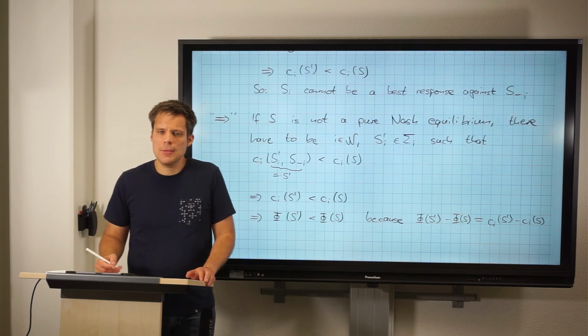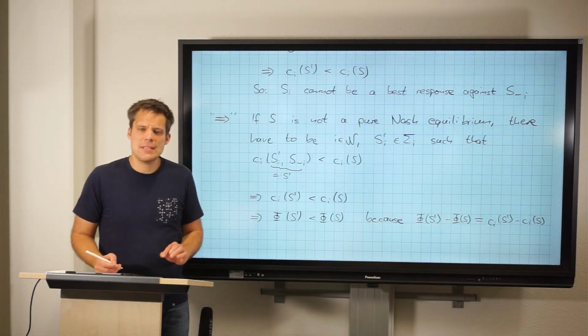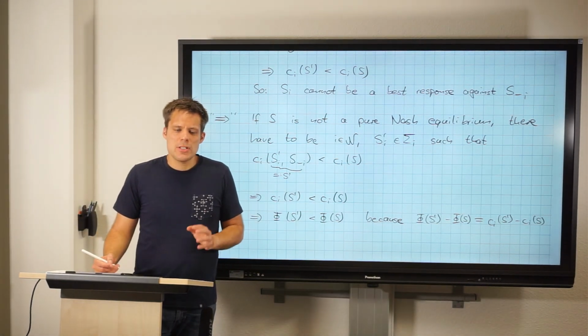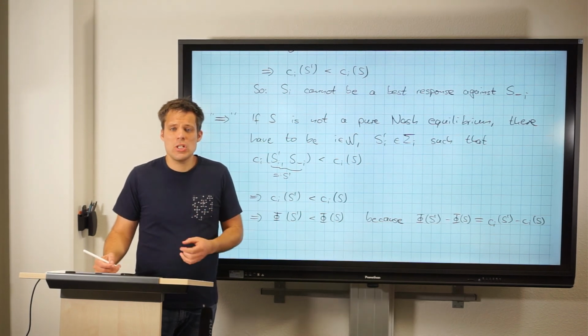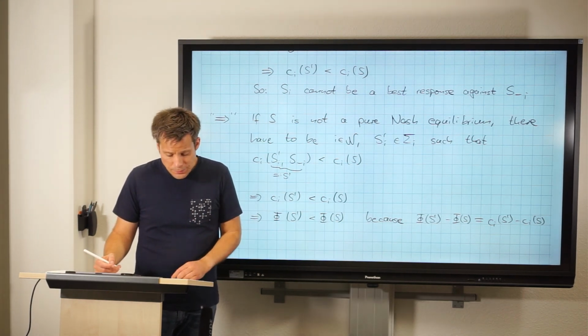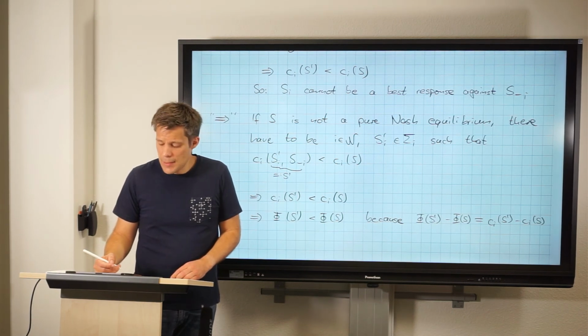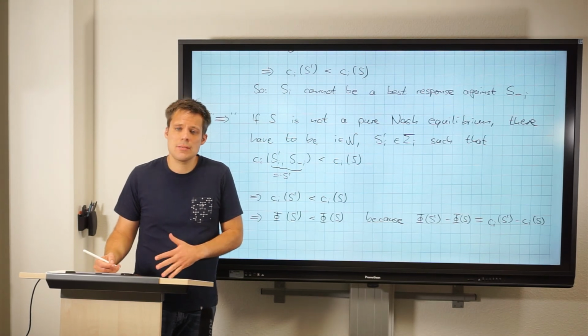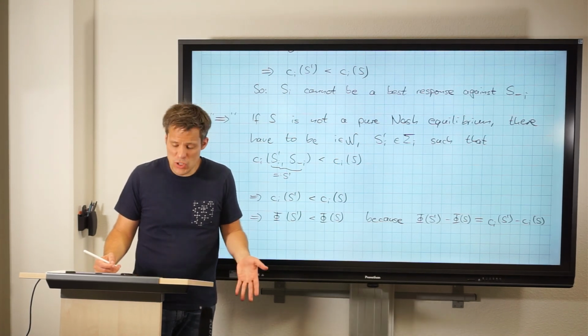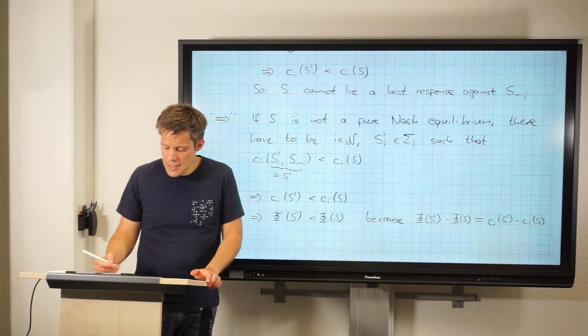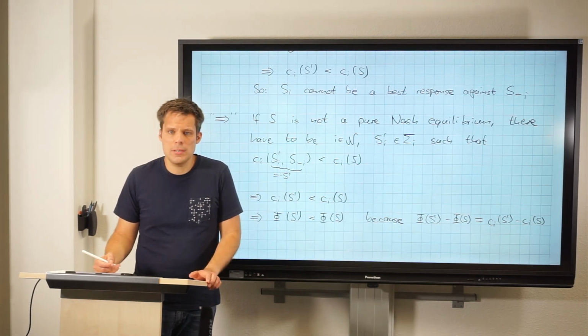And this is exactly what we claim, that there is this state S' for which all players except for one do exactly the same, and this state S' has a smaller Rosenthal potential. This is possible if the state S we were starting from is not a pure Nash equilibrium.